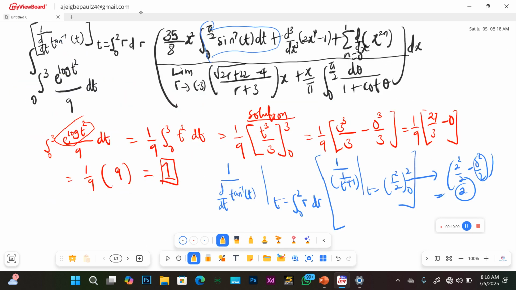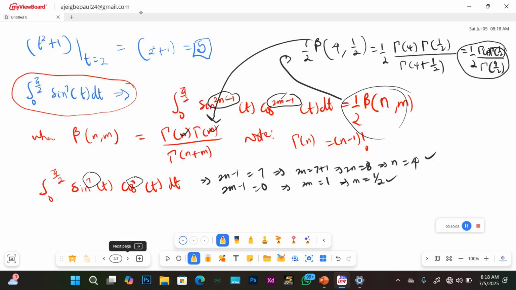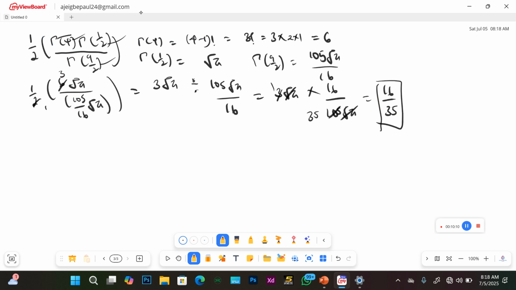Now the next one we are going to solve is this: d cubed over dx cubed of 2x raised to 4 minus 1. So let me use red ink for that. So we have d cubed over dx cubed of the bracket 2x raised to 4 minus 1.